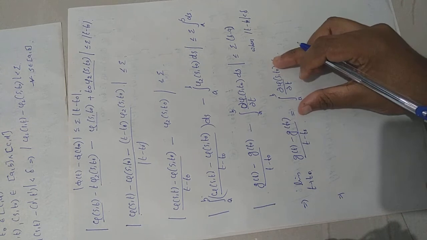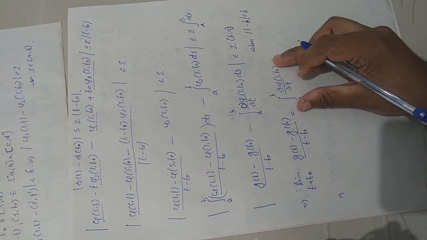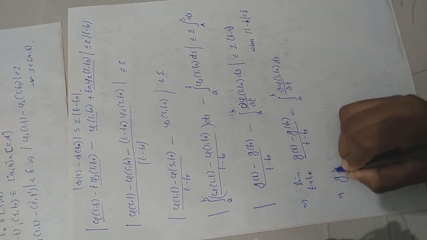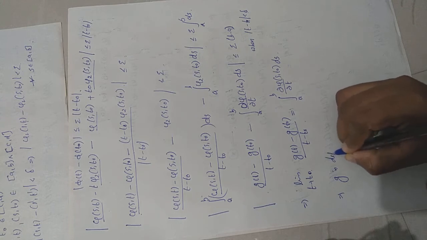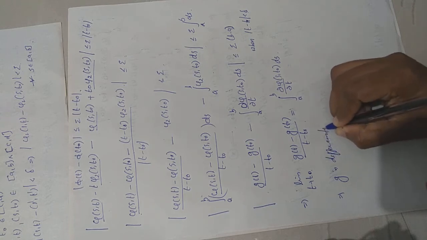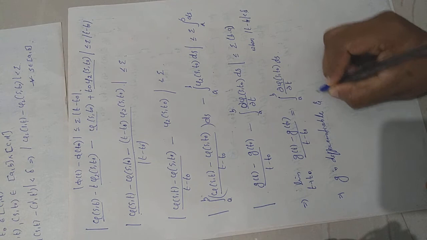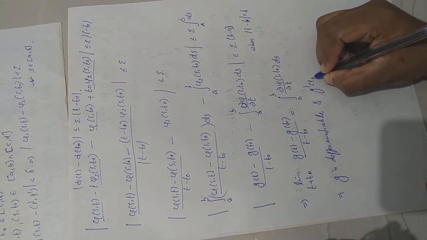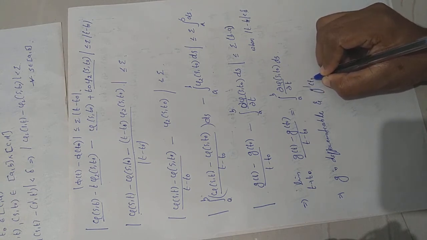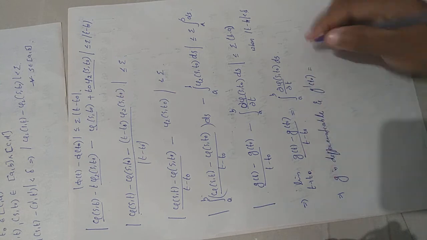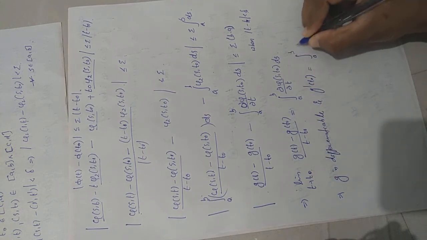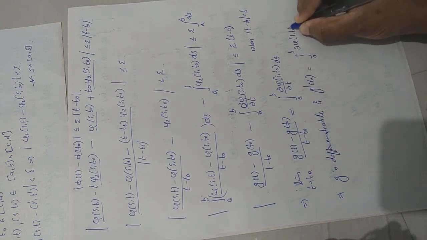Whenever this limit exists and it is a finite value, this function g is differentiable, and its derivative g dash at the point t naught is equal to integral a to b dou psi by dou t ds.